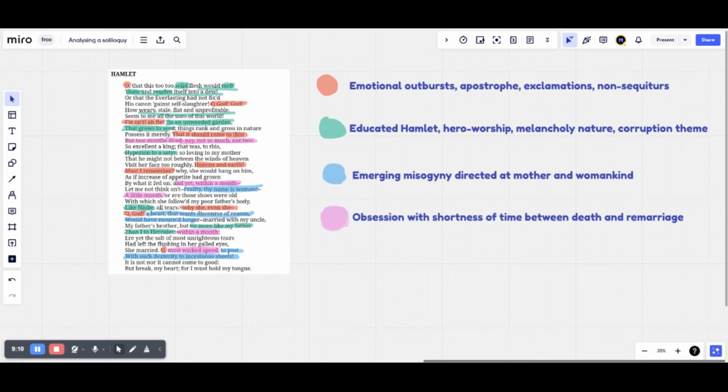And we see that because it's all the way through this soliloquy: "But two months dead, nay, not so much, not two," and yet "within a month, a little month." You could explore the use of "little" there to say that even thirty days for him is no time at all. "Within a month, oh, most wicked speed." It's still playing on the idea that the time between death and remarriage is far too short for him.